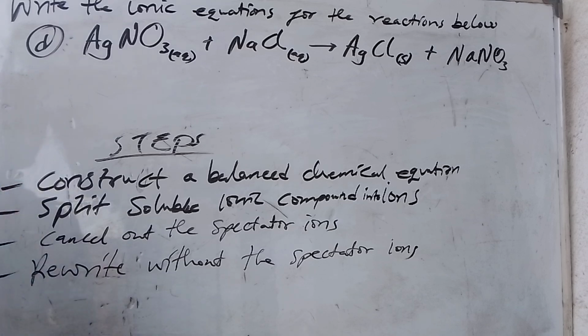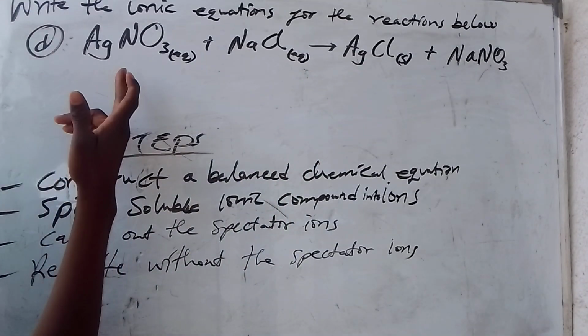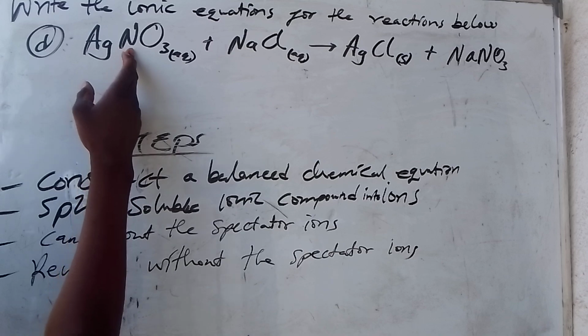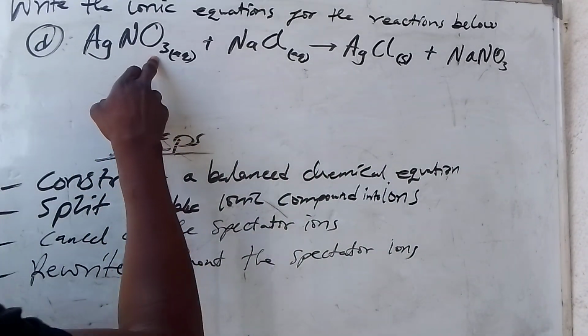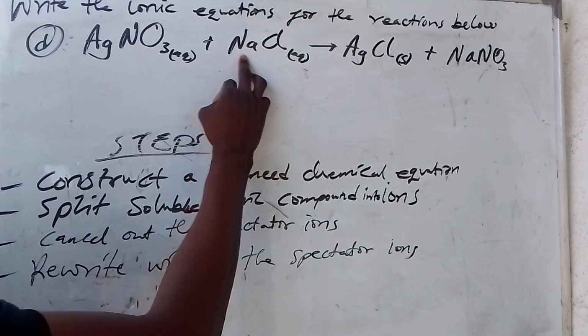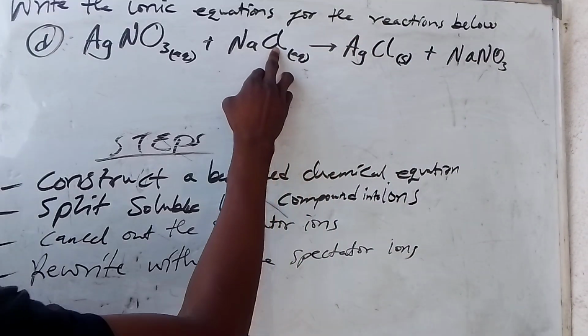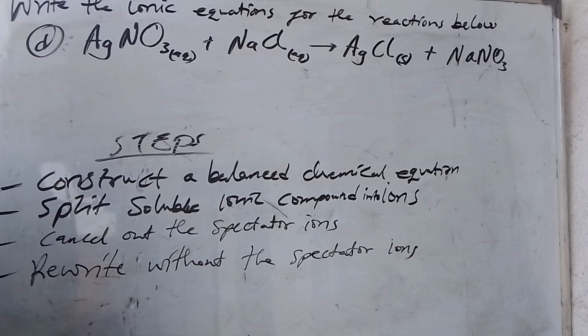So we have 1 silver here, we have 1 silver there, we have nitrogens. How many are there? 1 here. So how many there? 1. Oxygens, we have 3 here, we have 3 there. Sodiums, 1, we have 1 there. Chlorine or chloride ions, 1, 1. Oh, so the equation is balanced because we can't see any problem there.